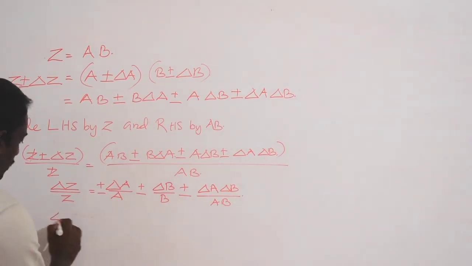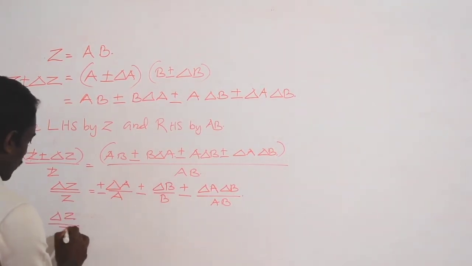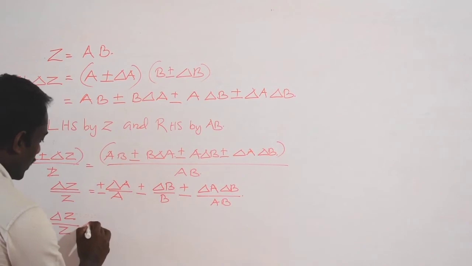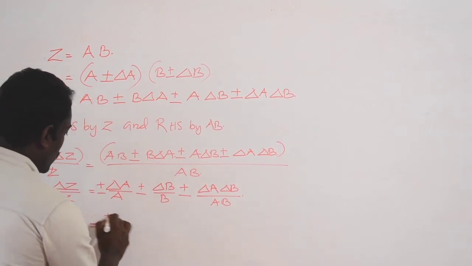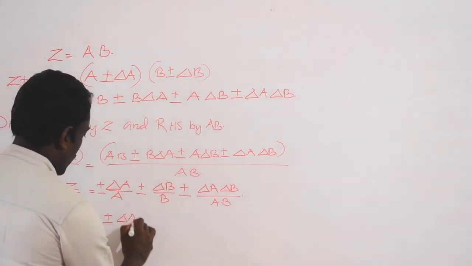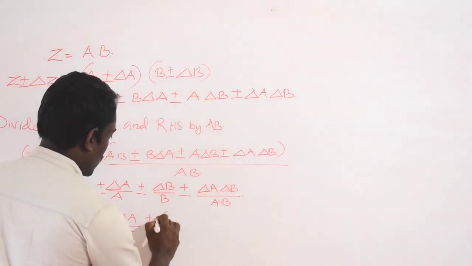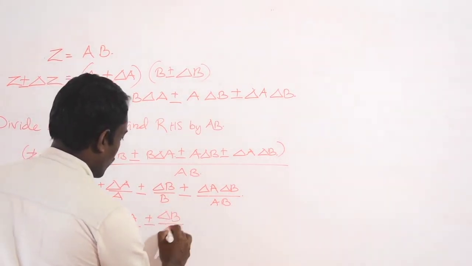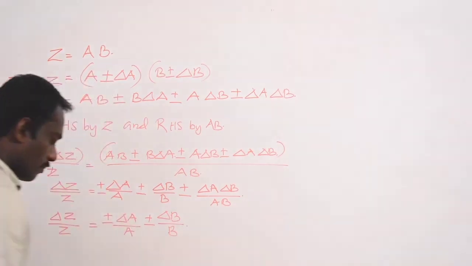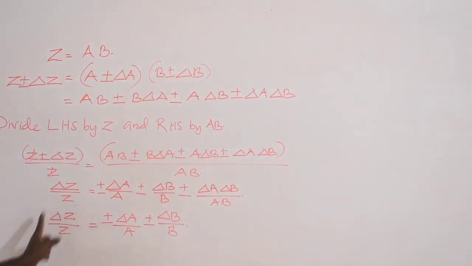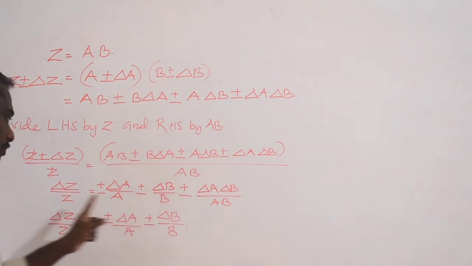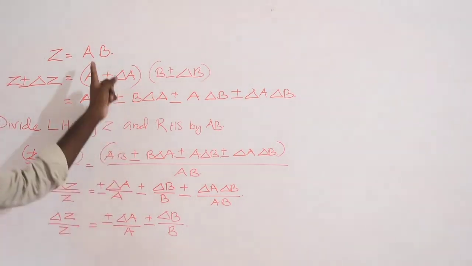Delta Z divided by Z is equal to plus or minus delta A divided by A plus or minus delta B divided by B, which will be the absolute error in the product of these two quantities.